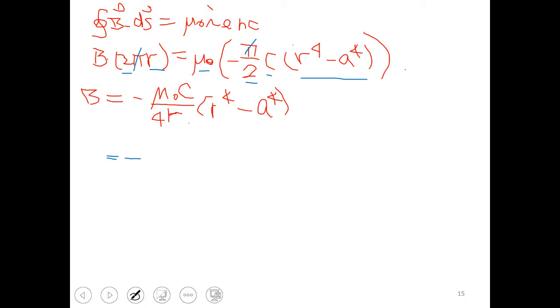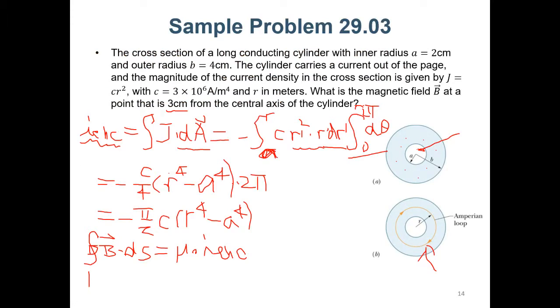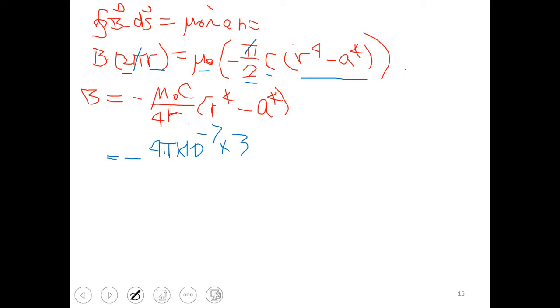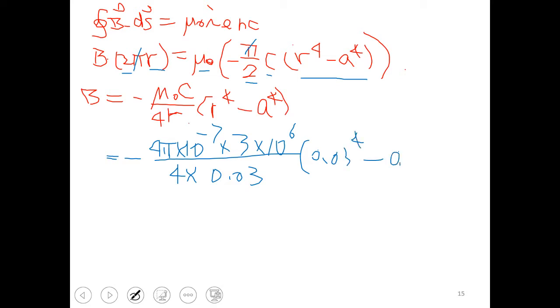So finally, it will be something like minus 4 pi times 10 to the minus 7, C is 3 times 10 to the 6, over 4, r is 3 cm, 0.03, and here 0.03 to the 4th power minus 0.02 to the 4th power.